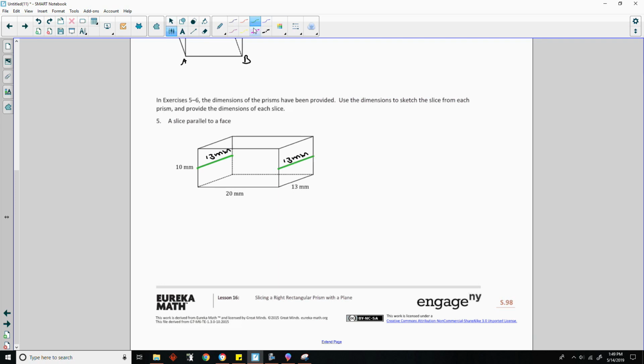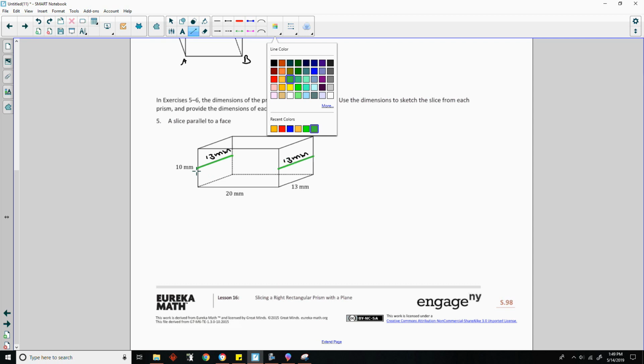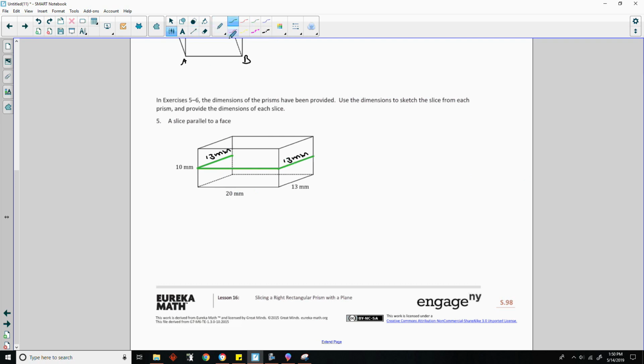Okay, so then I'm going to draw the next one. And from this point to this point here, and it is the same length as this base right here, which is 20 millimeters. So this is 20 millimeters.